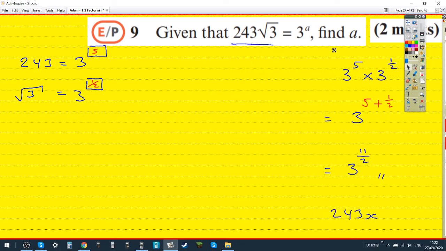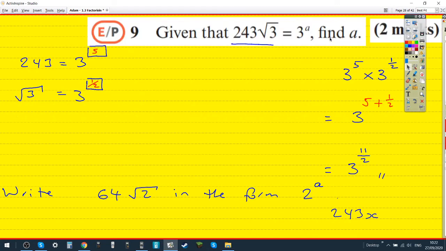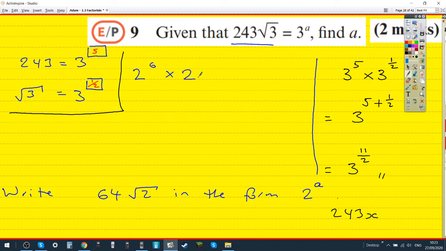So it'd be 2 to the power of 6 times a half. Well, 2 to the power of 6 times 2 to the power of a half.